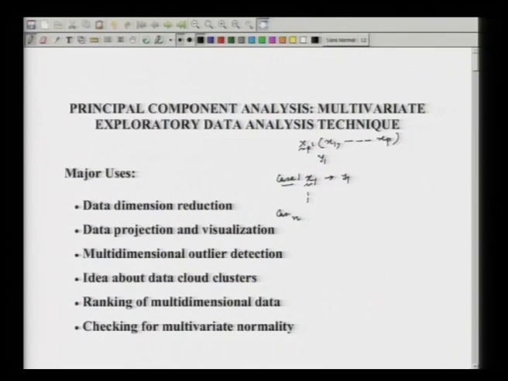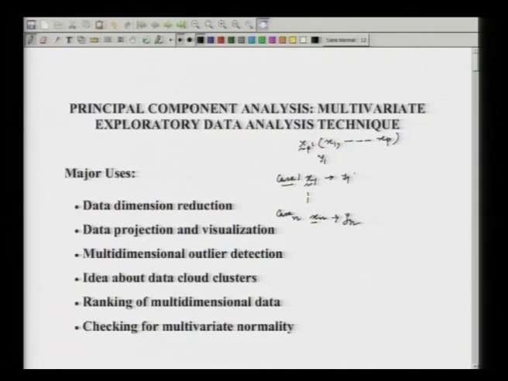We combine these in the nth vector, from where we have y n. So, y 1 to y n are the values of the first principal component.